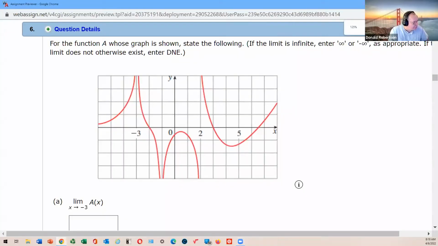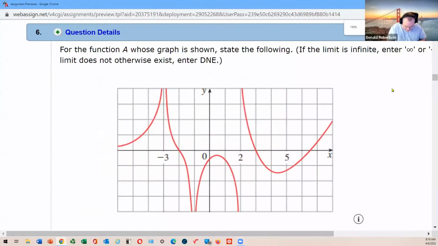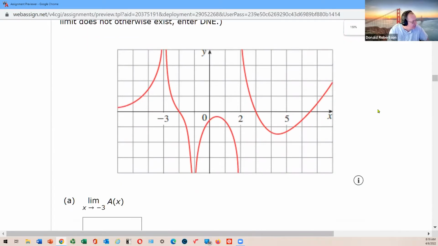Your answers in this homework are going to be pretty simple, aren't they? Going to be 4, infinity, minus infinity, and DNEs, right? They're not going to be any solving equations that are going on. Right, okay, so we got a picture with some vertical asymptotes here. What is the overall limit as x tends to -3?